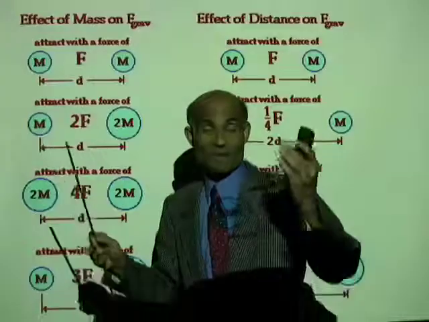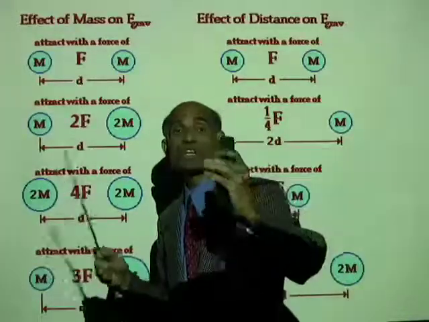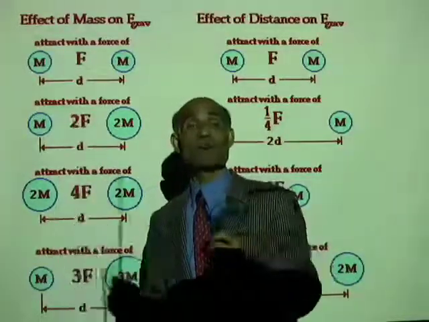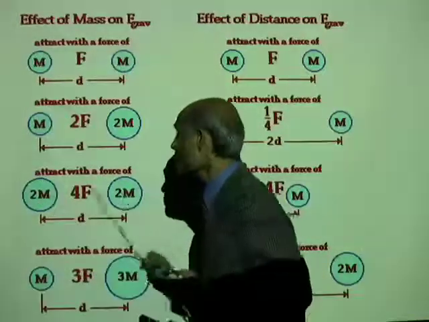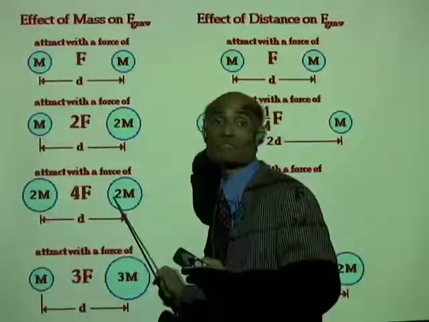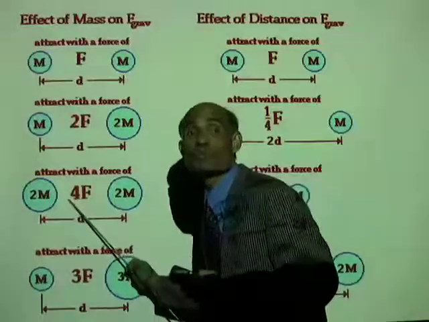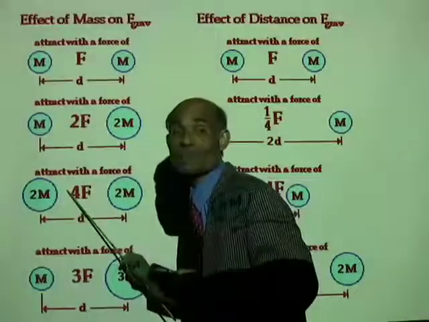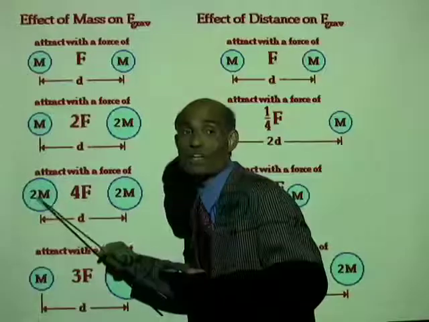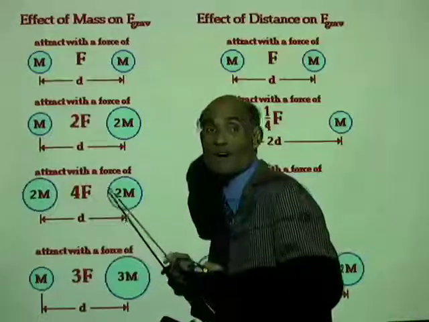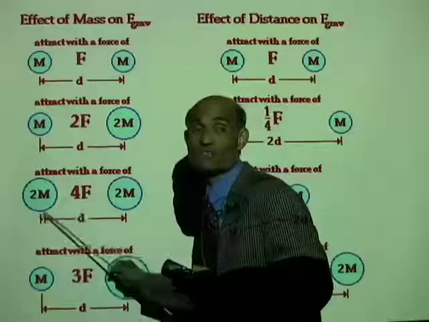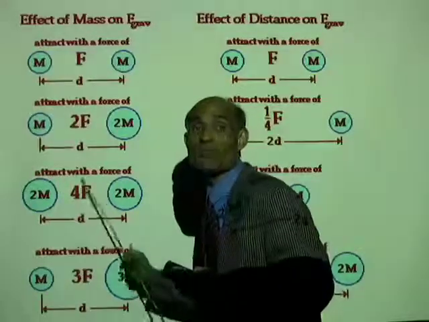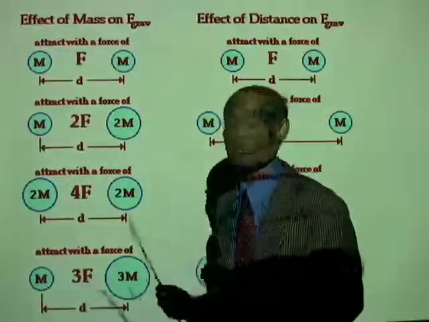Is that right? Because F equals G m1 m2 over r squared. If you double both the masses, the force will become 4 times. Why? Because it is now 2m times 2m divided by d squared. So the 2 times 2 will make it 4 times the original force.